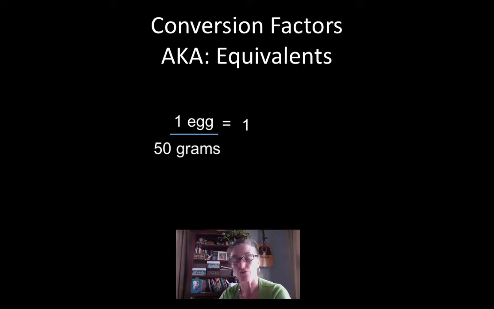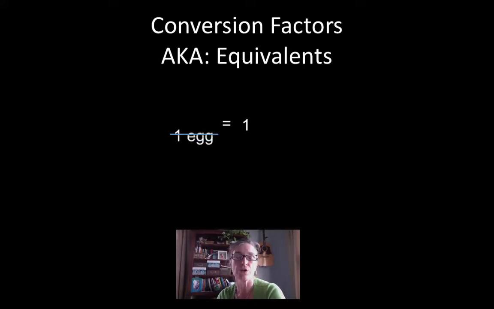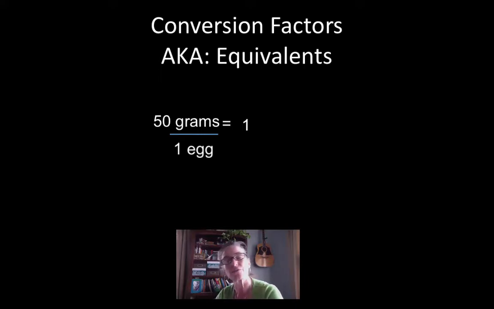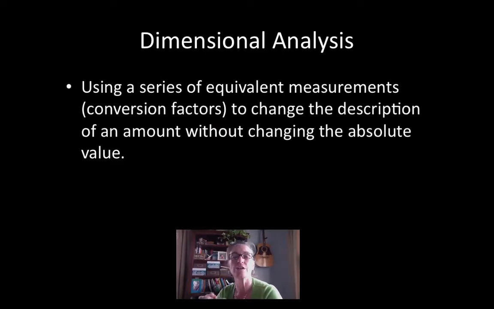I can also, if I want, express the ratio as 50 grams over 1 egg, and it still maintains that value of 1. Well, I'm going to use this mathematical trick to change the units of my amount without changing its value by simply multiplying it times these ratios of equivalences.